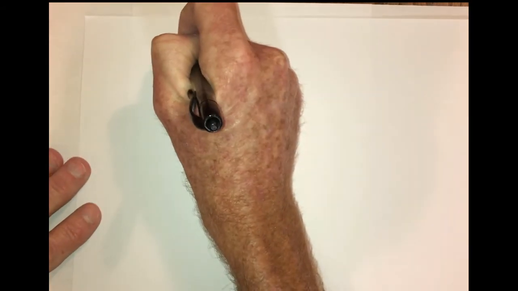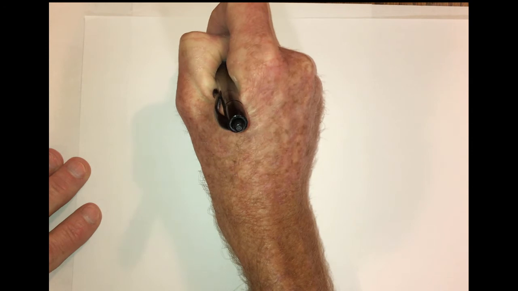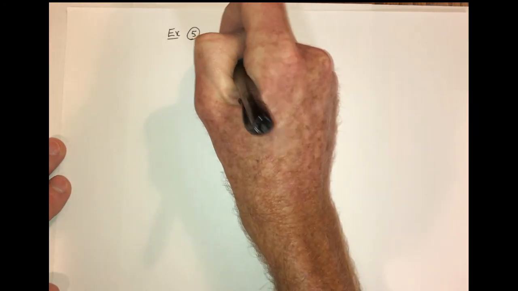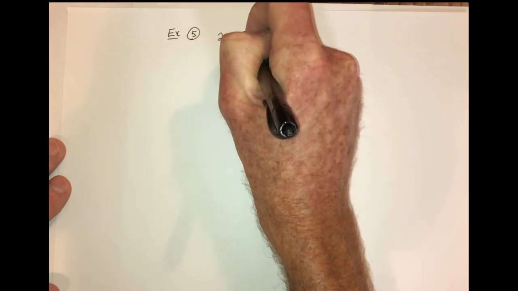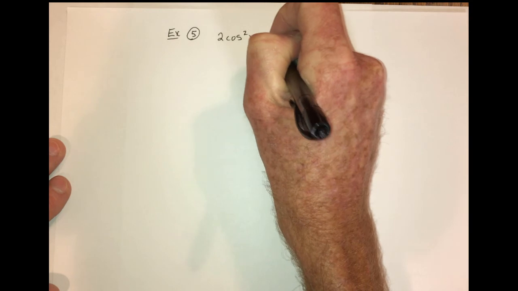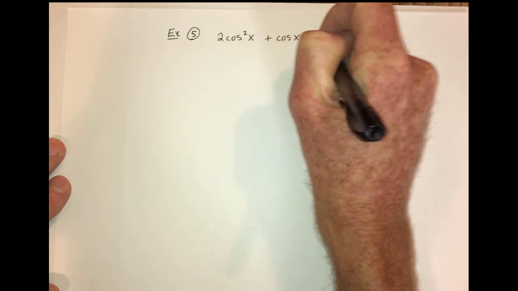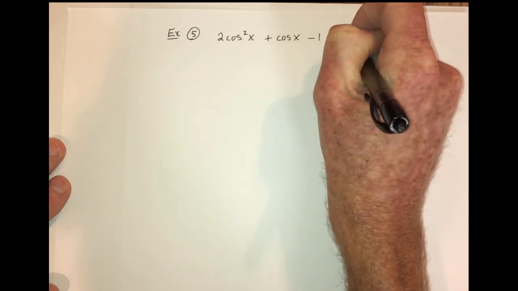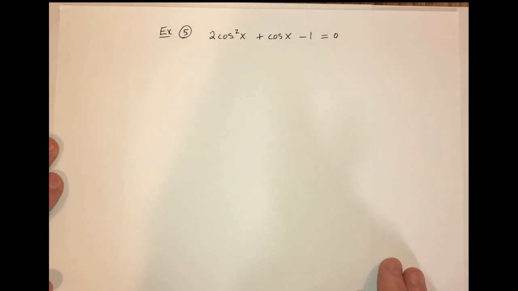Example number 5. So make it a little more challenging. How about 2 cosine squared plus cosine of x minus 1 equals 0. So like I said, we need to get this to say cosine equals a number.